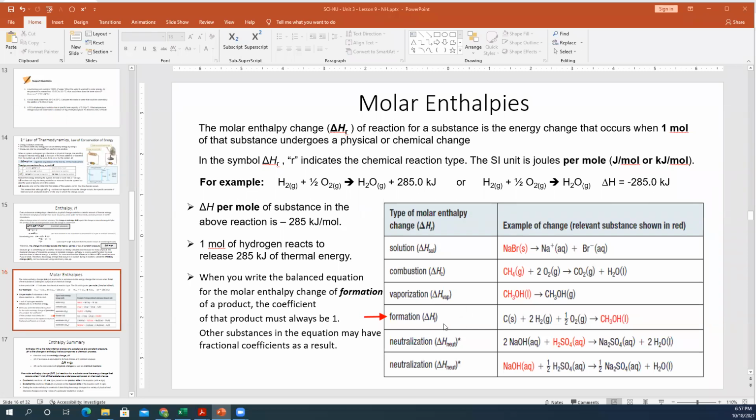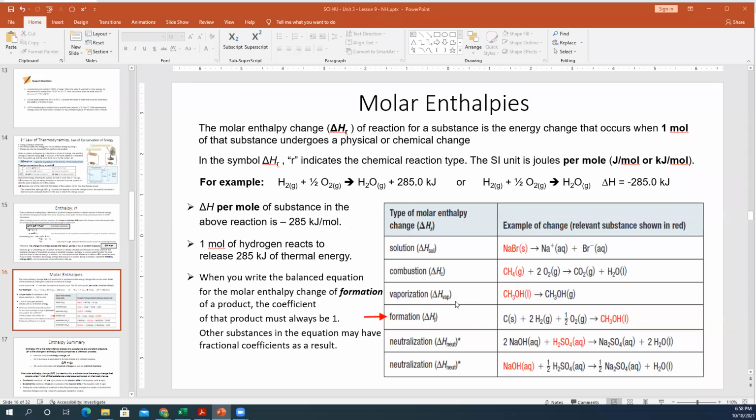So there can be molar enthalpy of formation, and there are other types of reactions. For example, solution, when sodium bromide is going into solution and becoming aqueous sodium ions and aqueous bromide ions. It can be a combustion reaction, for example, the burning of methane with oxygen to produce carbon dioxide and water.